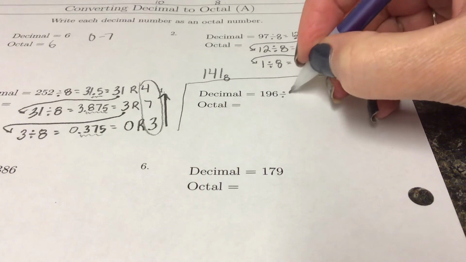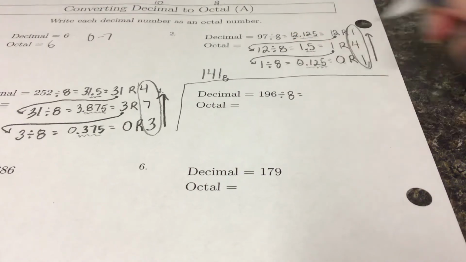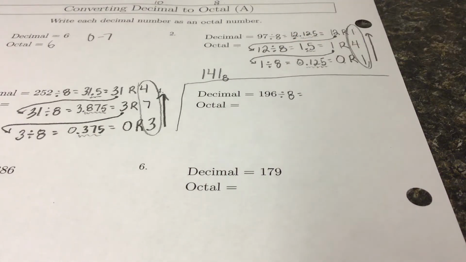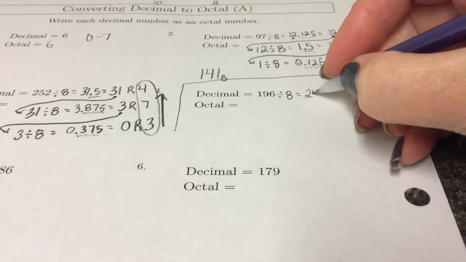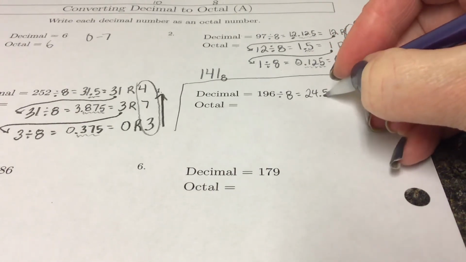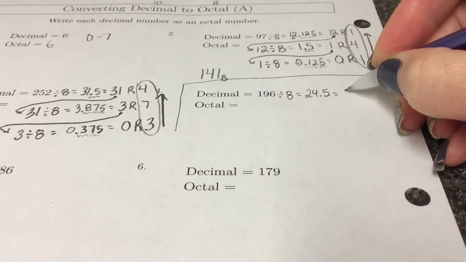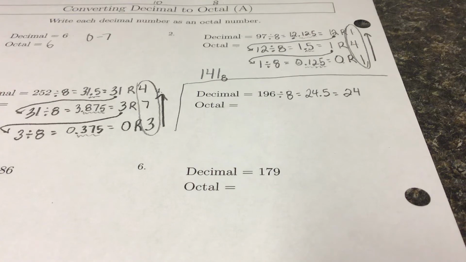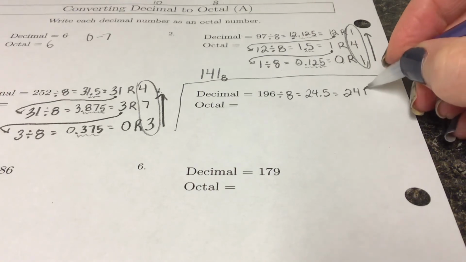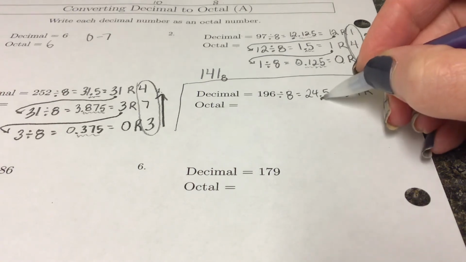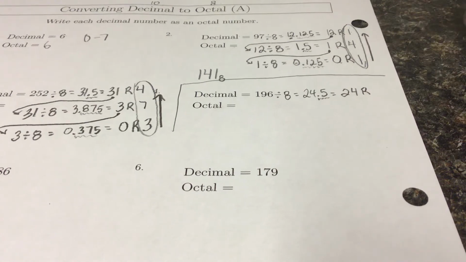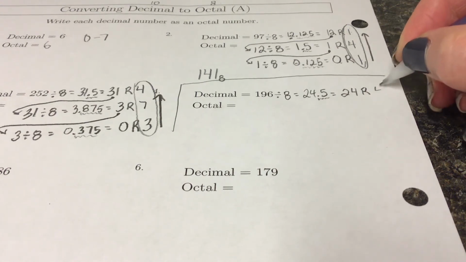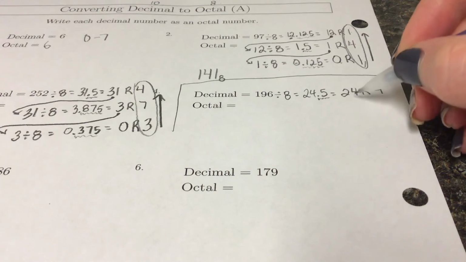All right, let's try this number 4 here. We divide it by 8. So 196 divided by 8 gives me 24.5. That means it went in 24 times. The 24 would be on top of the division bar if we did it longhand. For the remainder, we take just our decimal, 0.5, times 8, which gives us a 4.